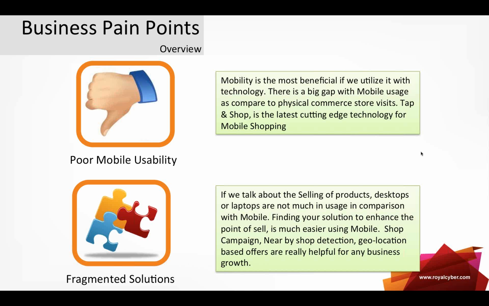From Royal Cyber's experience, what we have found is that 25 to 30% of customers interacting with the mobile application go away or try to find alternatives because of the mobile usability.